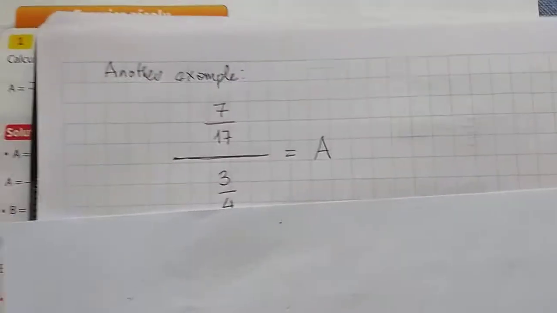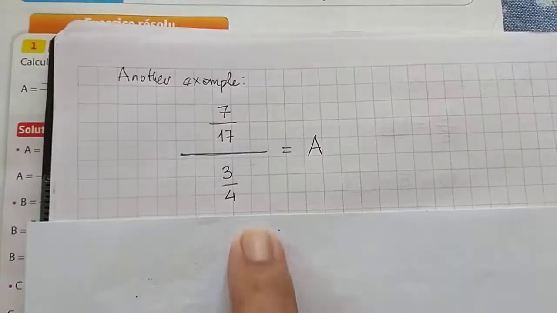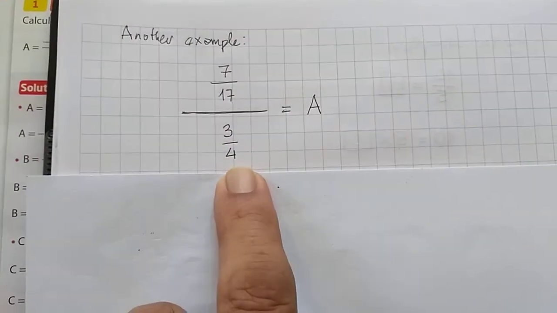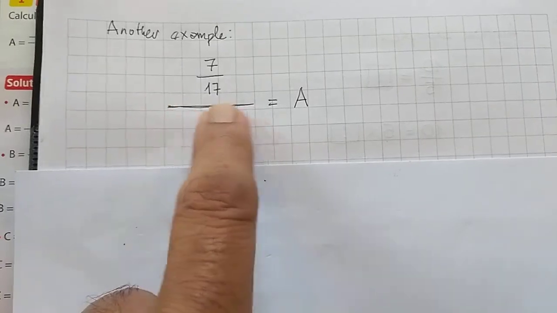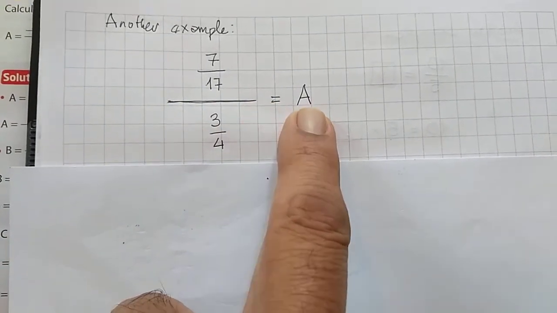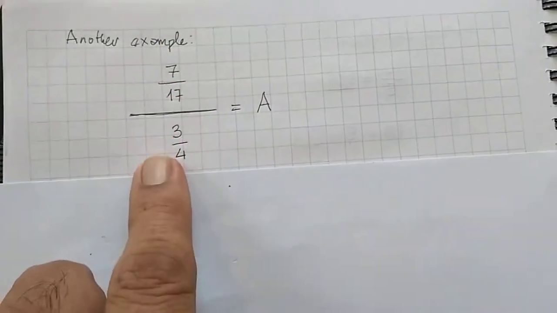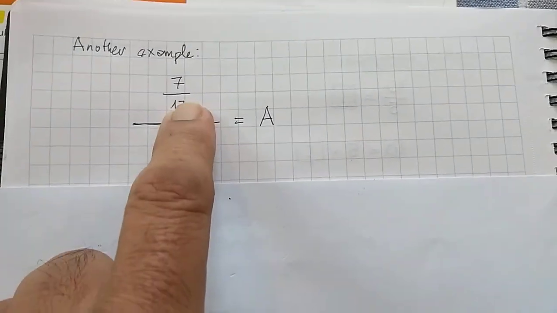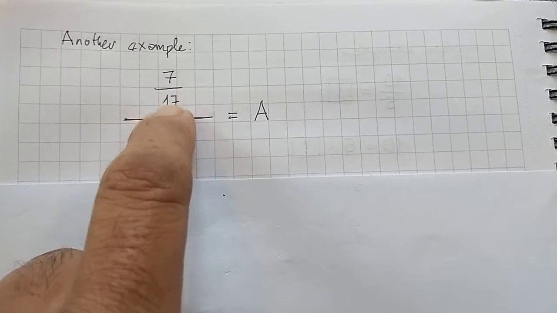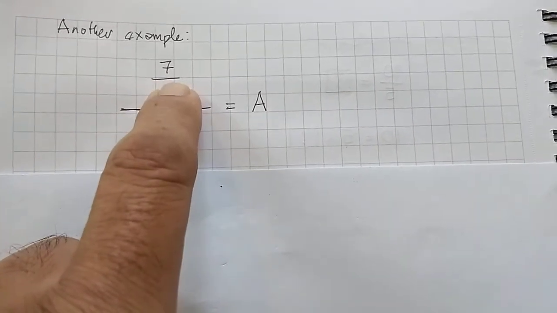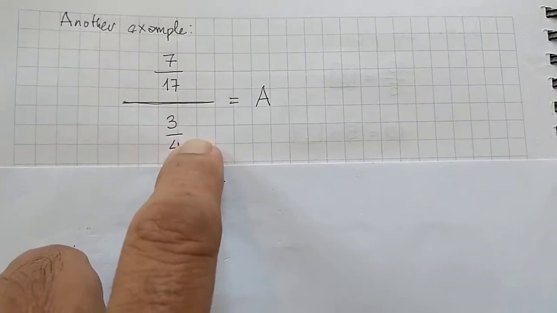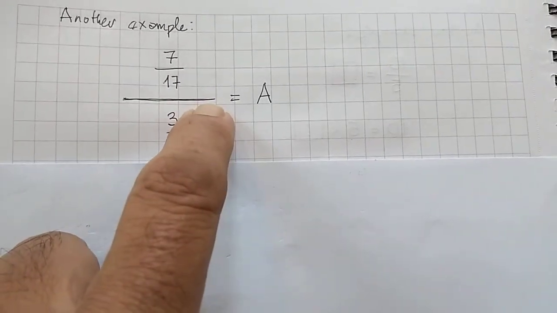Okay, so here we are, new page, another example. 7 over 17 divided by 3 over 4. Now, you see this line is big and I put equals A here. A is my unknown, the value of this calculation. So you see 7 over 17, I took a small line, 3 over 4 I took a small line, and the dividing line between the two I made big.